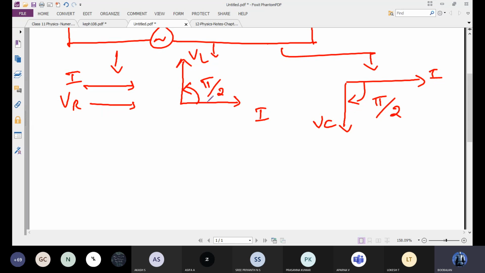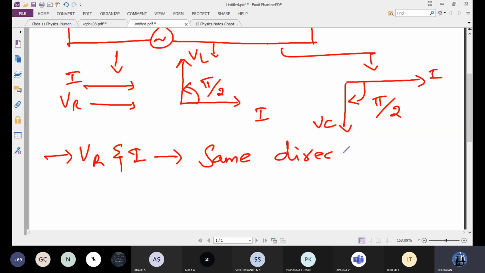After that, in the diagram, for these three points, ma'am, the first one: VR and I are in the same phase, so it is in the same direction. You can write this as a sentence.